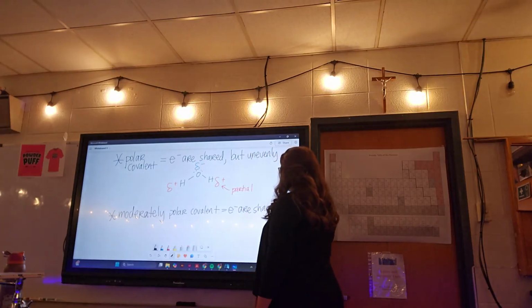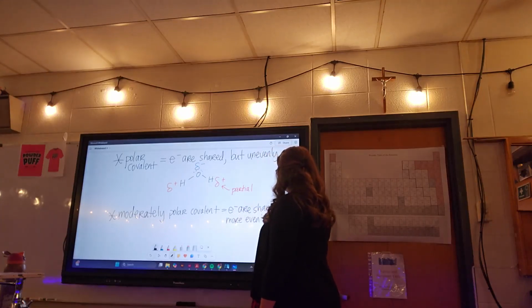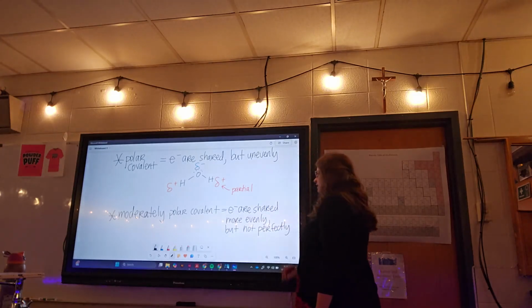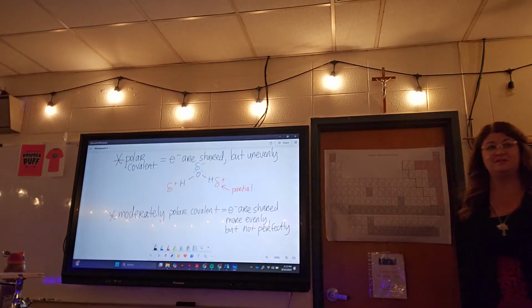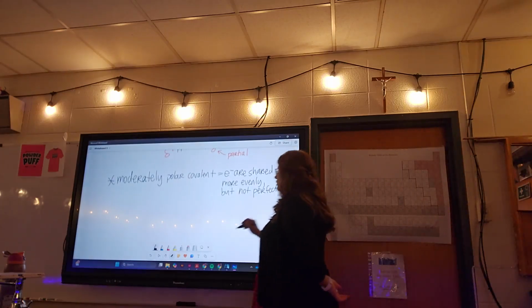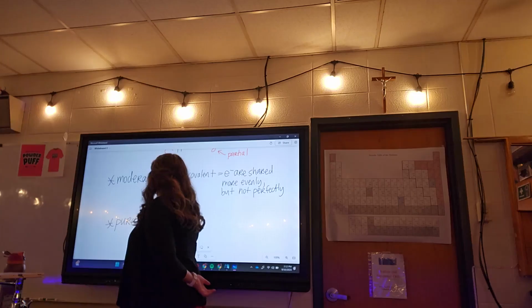So they're shared more evenly, but not perfectly. If electrons are shared perfectly, it almost always means that they're shared by the same type of element. So I'm going to skip right away into the last one, the pure covalent.